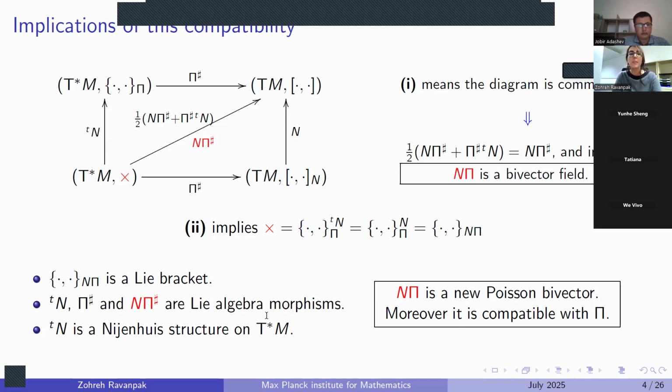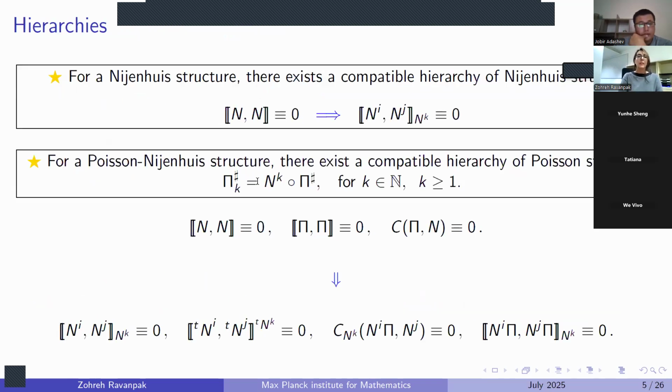So we have a nice picture of Lie algebra morphisms. The idea is that having a Poisson structure and a Nijenhuis structure, we can produce a new Poisson bivector. But the main feature here is that having PN structures, we have a hierarchy of structures.